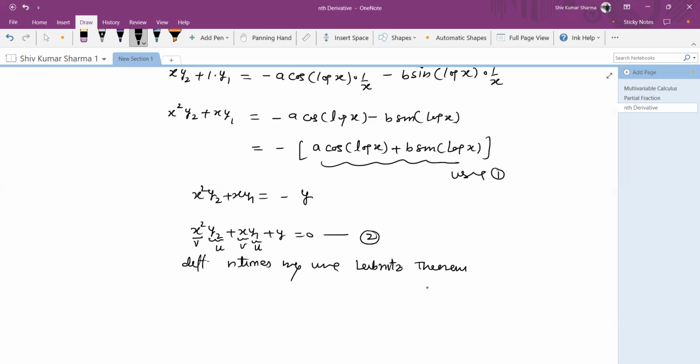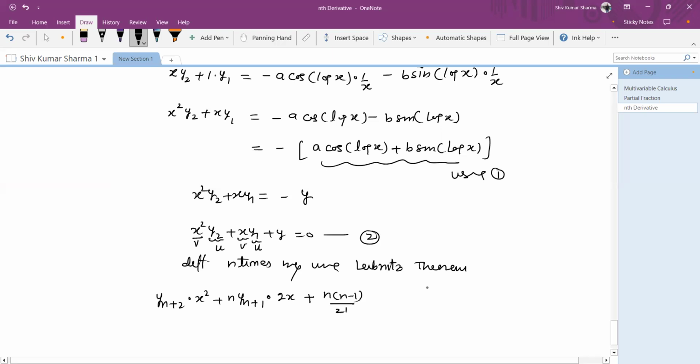The n-th derivative of u, that is y2, is y_(n+2). So y_(n+2) into v as it is, plus nC1 and the (n minus 1)-th derivative of u, y_(n+1), into the first derivative of v, 2x, plus nC2, that is n(n minus 1) upon factorial 2, into the (n minus 2)-th derivative of u, y_n, and the second derivative of v is 2. We stop the Leibniz theorem because we have a constant, further derivatives will be 0.